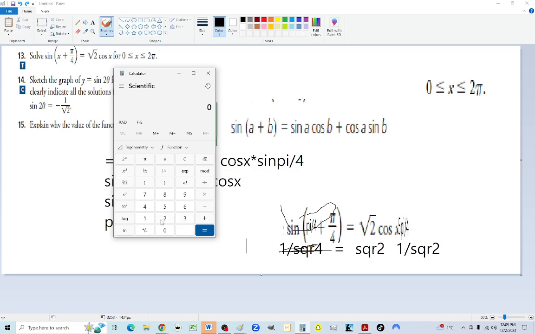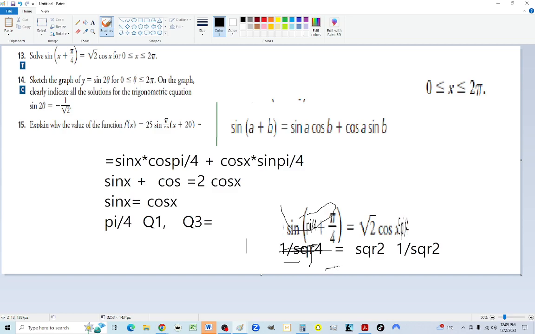And then cos of 5 pi over 4, 5 times pi divided by 4, and then I have to multiply it by the square root of 2. -1. So -1 is equal to -1. There we go. Check. So that's how you can make sure.